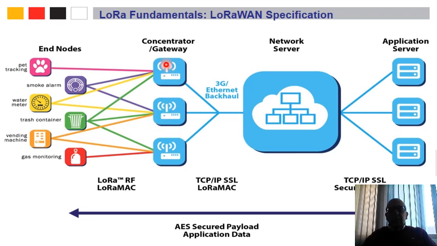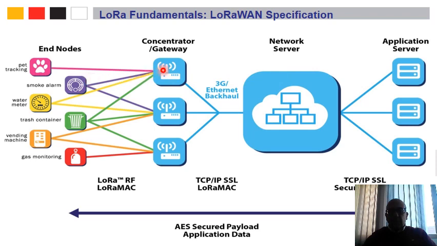Then the concentrator, or gateway, has a simple decision to make: just send correct packets through the internet, 3G, 4G or Ethernet, towards the cloud. All the intelligence of this network is at the network server, and the network server is responsible if it receives duplicates.